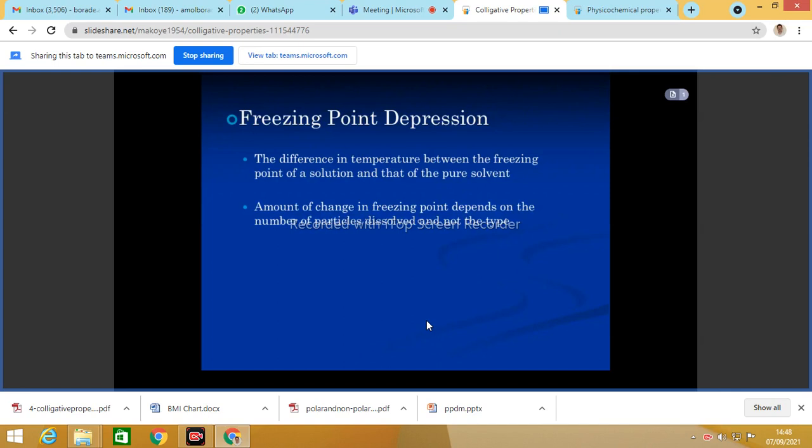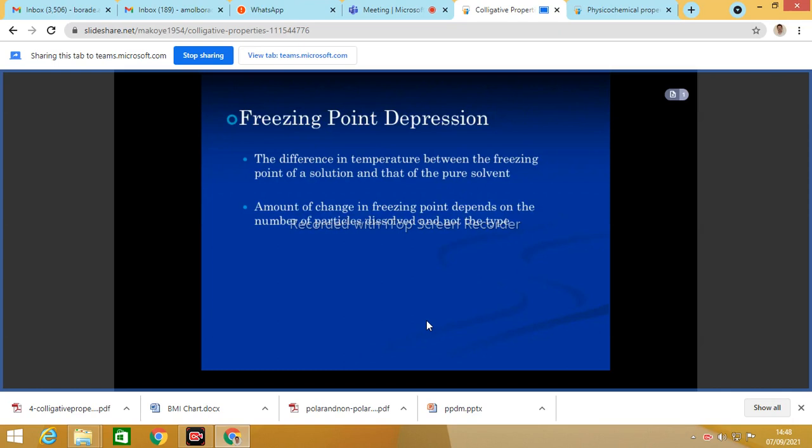10 additional molecules came into the bulk, and obviously they contribute to the physical property of water. And what they are doing is decreasing the freezing point of water in this manner. So that is called the freezing point depression.